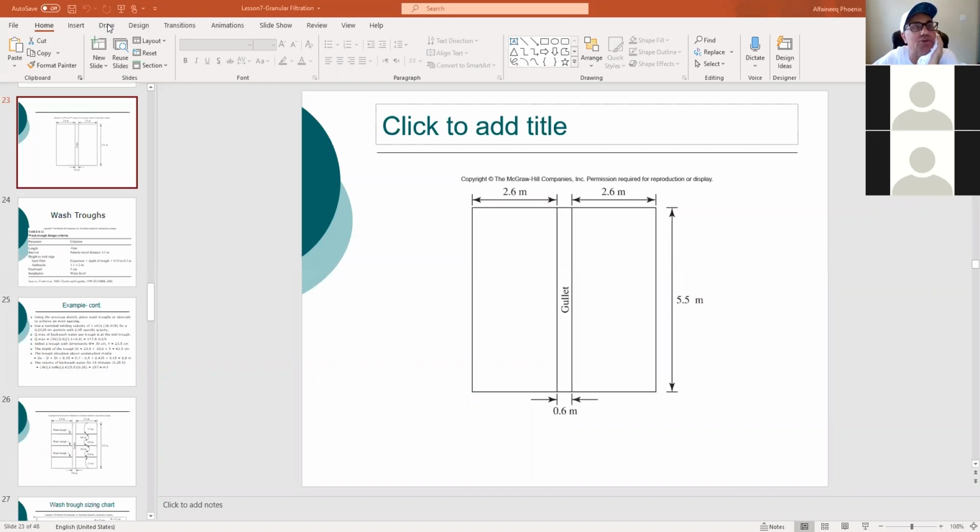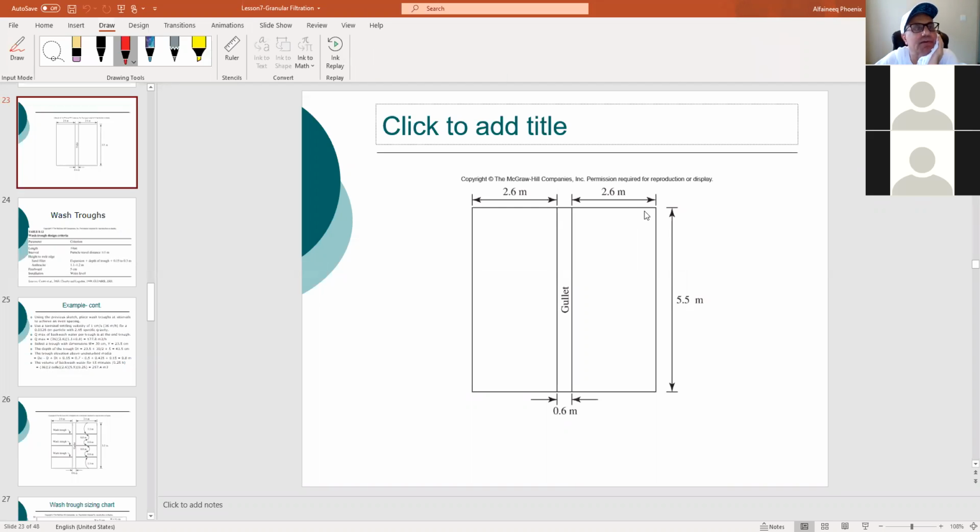This is one filter, not two. It has 2 cells, okay? So this is the filter together, all of it. This is one cell. This is another one here, second one, and the gullet between them, all right?